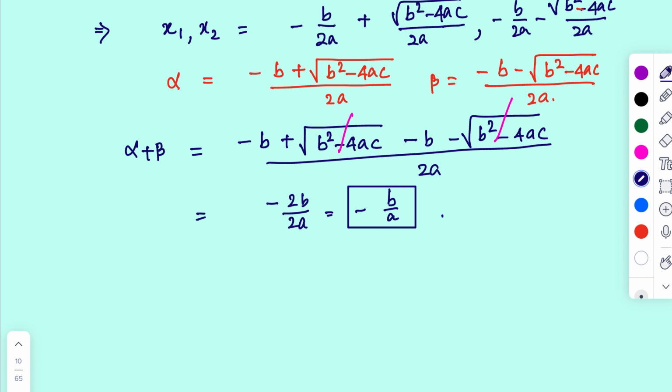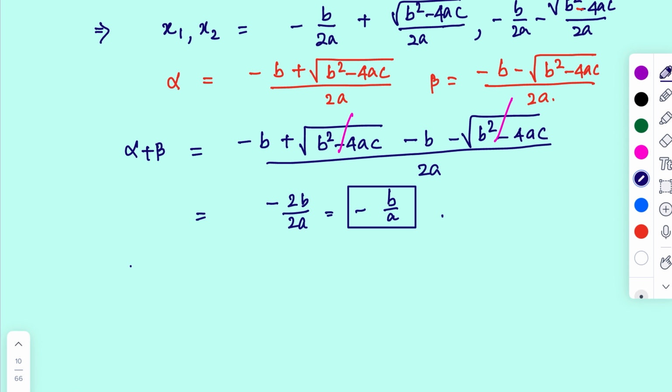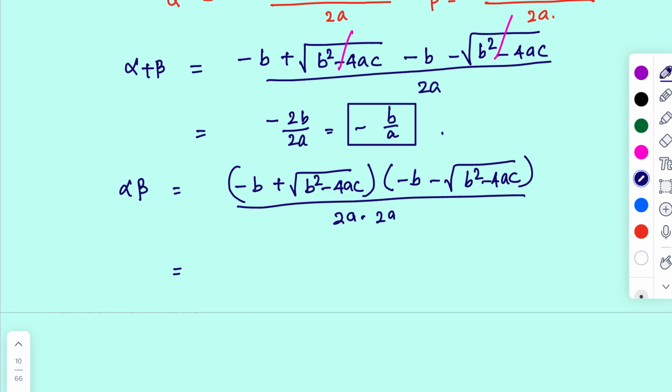Next is, if you take alpha into beta, then alpha into beta will be equal to multiply alpha with beta, that is minus b plus square root of b square minus 4ac multiplied with minus b minus square root of b square minus 4ac by 2a into 2a, that is 4a square. So this will be equal to, it is a plus b into a minus b formula.